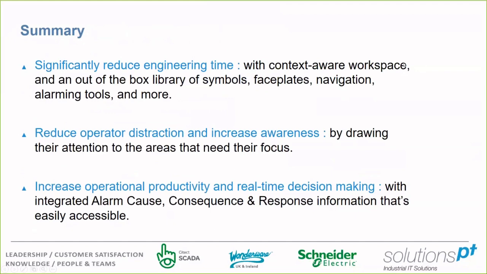So in summary, you can significantly reduce your engineering time, reduce your operator distraction, and increase your operational productivity and real-time decision-making with the features that we've shown you in Citect SCADA 2018.